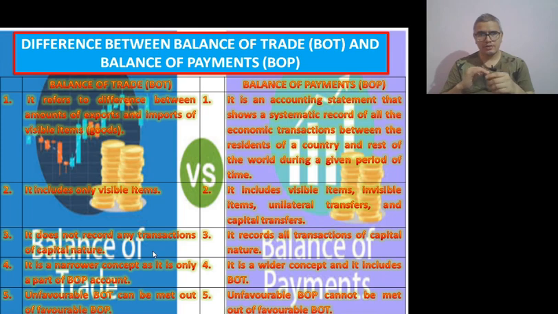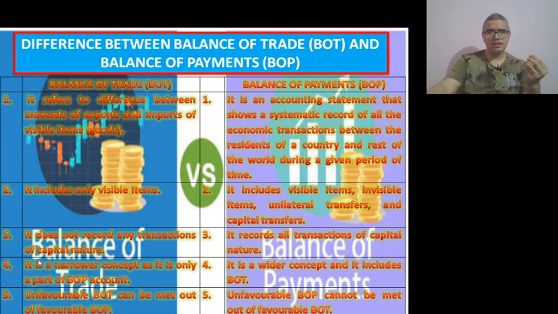Since balance of trade deals with only visible items, obviously it is not going to affect the capital account portion of the balance of payments. That is why it does not record any transactions of capital nature. Balance of payments records all transactions, not only those of current nature but also those of capital nature. So balance of trade is just a part of balance of payments.